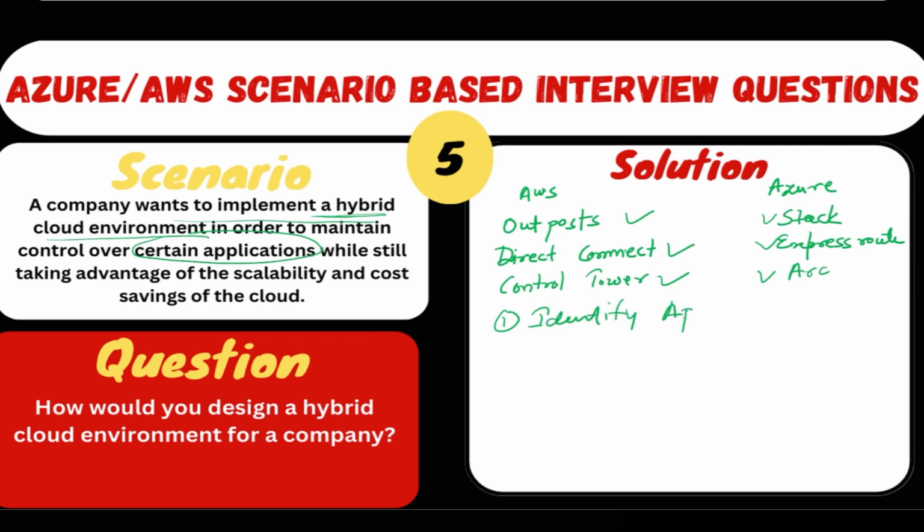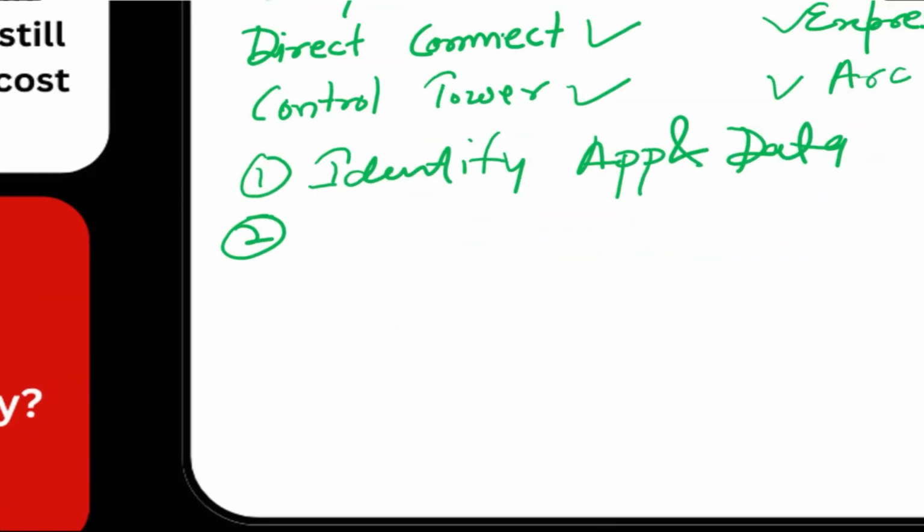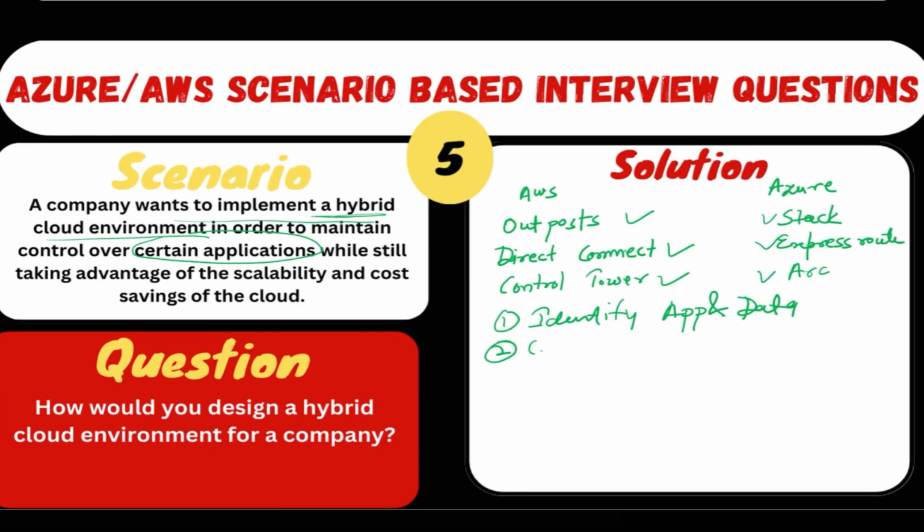So the first step in designing a hybrid cloud environment is to identify the specific applications and data that need to be kept on premises, and we need to determine those applications and data that can be moved to the cloud, as I mentioned. Then we will select the appropriate cloud platform.